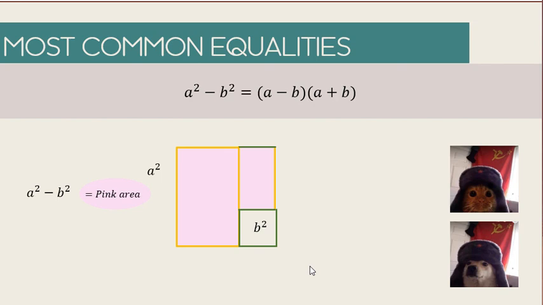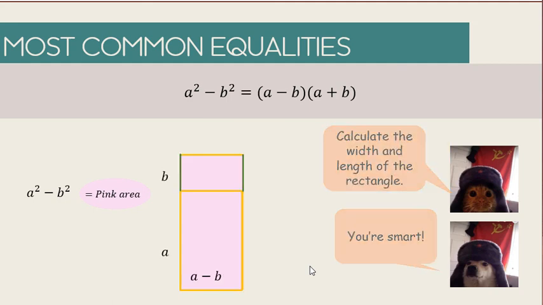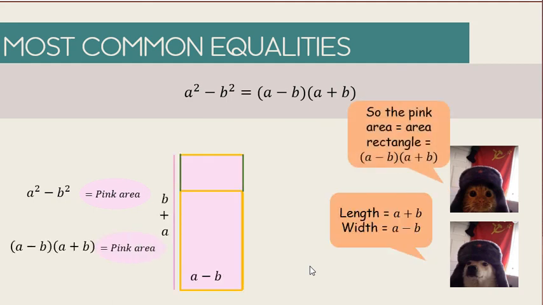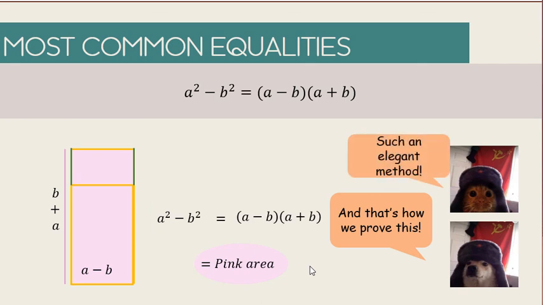This is why the pink area is equal to a squared minus b squared. So both sides must be equal to each other because they both represent the pink area. That's it. I think that this kind of method is so elegant to learn.